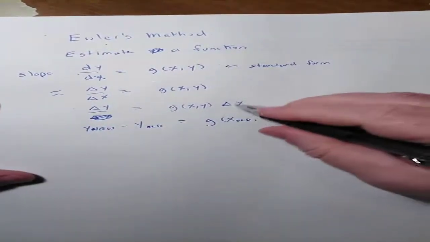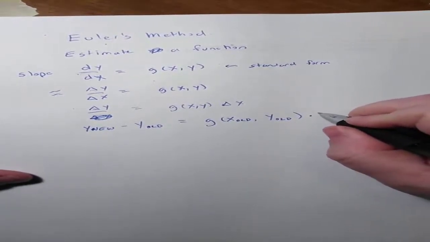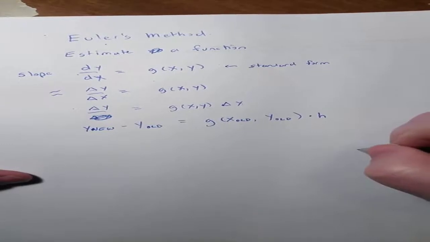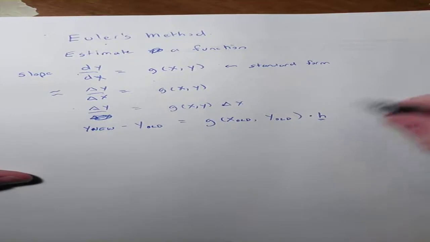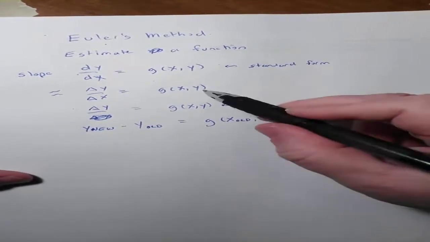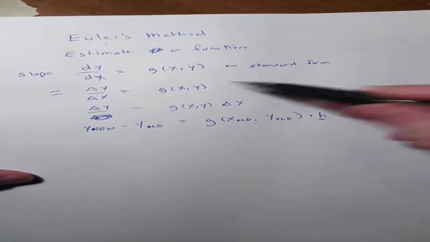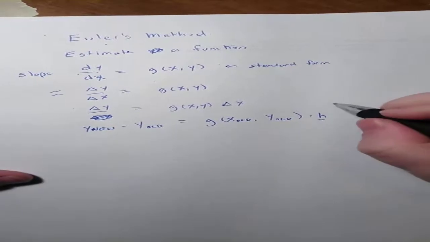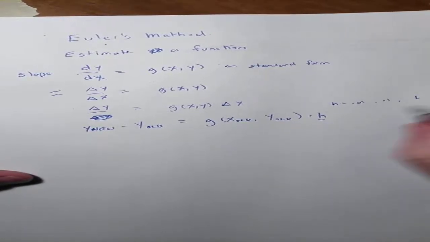And this delta x, well, textbooks since the 1980s like writing h instead, so that's what that is. They have to tell you what h is in the problem description. If they don't tell you what h is, it's like they didn't tell you what g of x, y is. You're not doing anything unless you have some information. Typically h is something considered small, like 0.01, 0.1, or 0.0001.